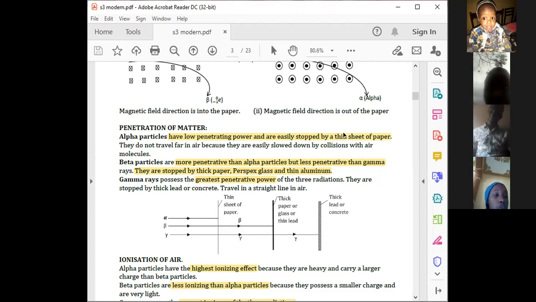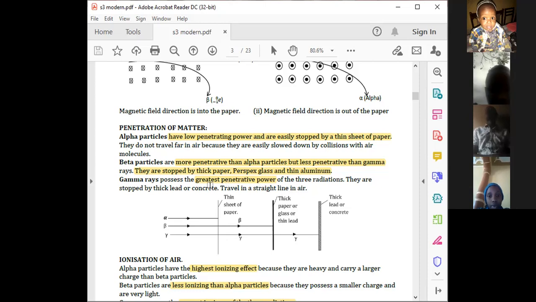And therefore, if I use a very thin sheet of paper for alpha, then for beta I'm going to use something that is thick. Some exams always ask for a thin aluminum foil. So alpha, thin sheet of paper; beta, thin aluminum; and gamma, we use lead or concrete.